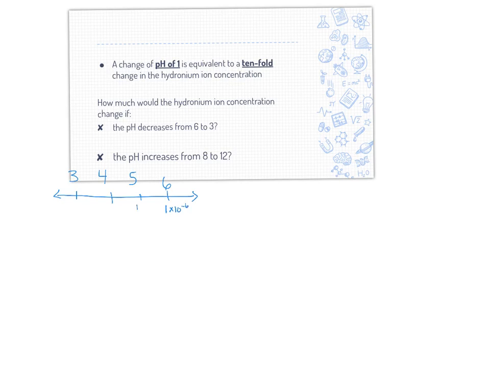At a pH of 5, it was 1 times 10 to the negative 5 moles per liter, 1 times 10 to the negative 4 moles per liter, and 1 times 10 to the negative 3 moles per liter. To get from negative 6 to negative 5, we must multiply by 10. To get from negative 5 to negative 4, we must multiply by another 10, and lastly, by another 10. So to get from a pH of 6 to a pH of 3, we multiplied by 10 three times, which is like multiplying by 10 to the 3.